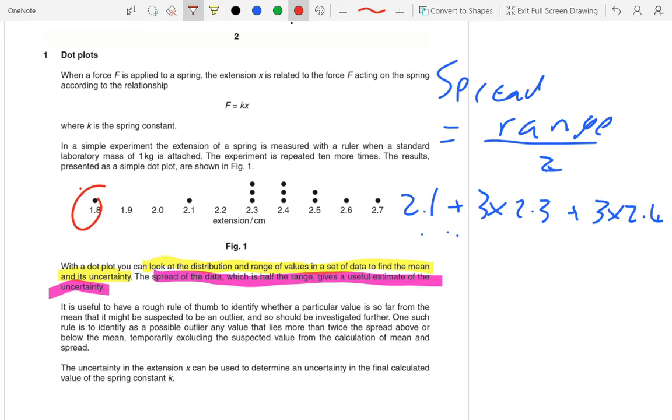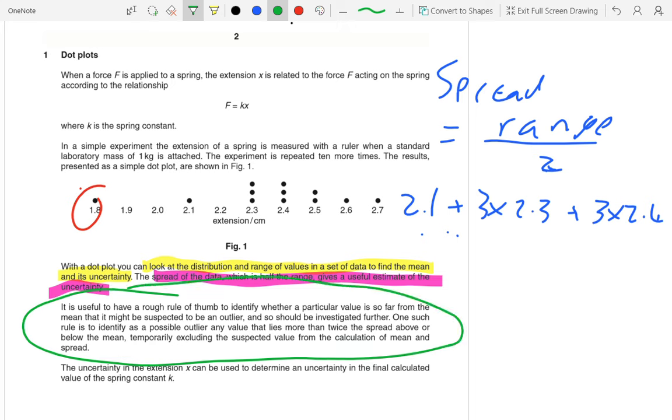Because I'm suspicious it's probably going to be an anomaly, so I'll calculate the mean and the spread of the data without the 1.8, and then I'll see, using this sort of rule it's got in this section here, if a value is twice the spread above or below the mean, then we should exclude it from the calculation of mean and spread.